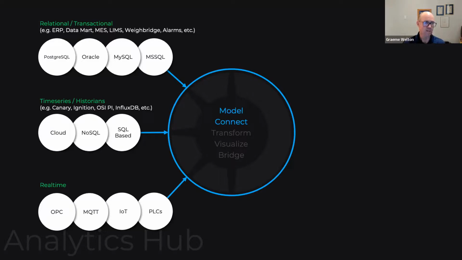So maybe you've got an SAP, data marts, your manufacturing execution systems, your LIMS, laboratory information management systems for quality, your weighbridge systems for your trucks coming in and out of your facility, and potentially your alarm databases that you may have. So these are all external data sources that we consume into Flow.